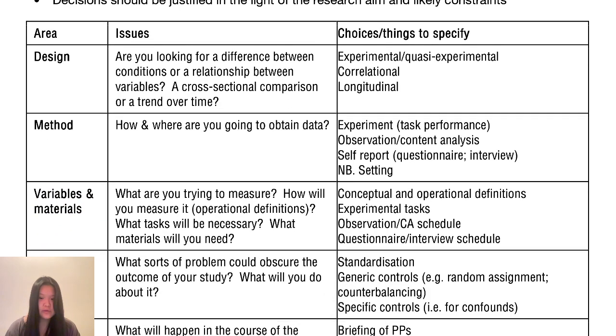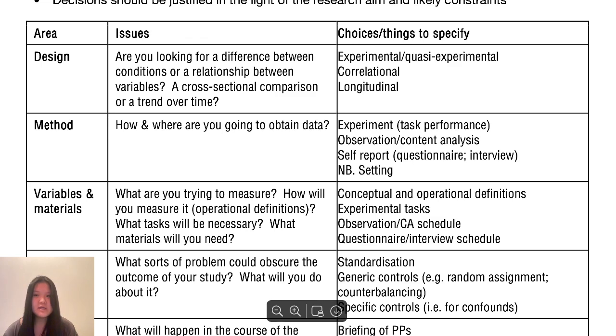Now we'll go into the mechanics of it all. First of all, the design. The issues we have to consider are: are you looking for a difference between conditions or a relationship between variables, and a cross-sectional comparison or a trend over time?